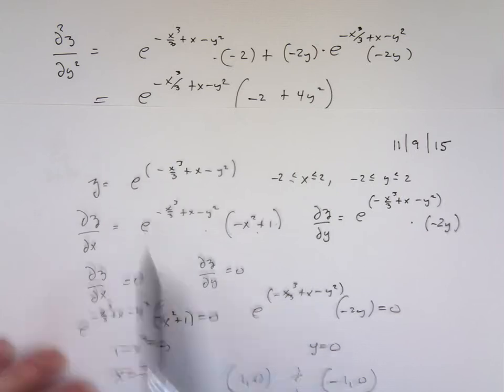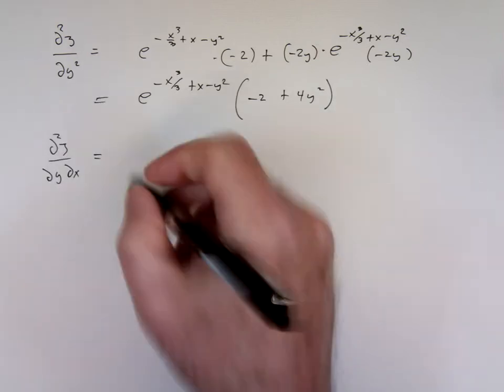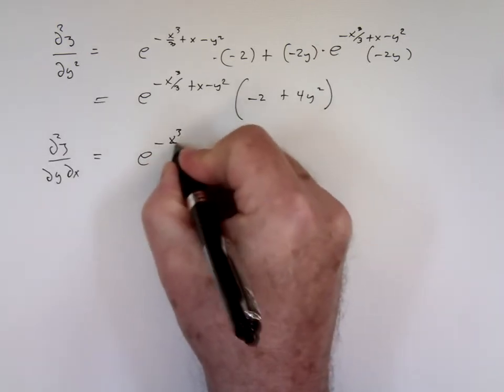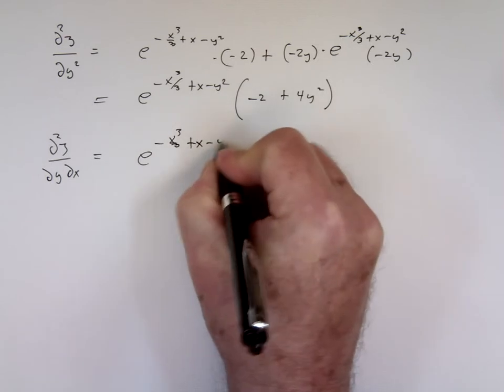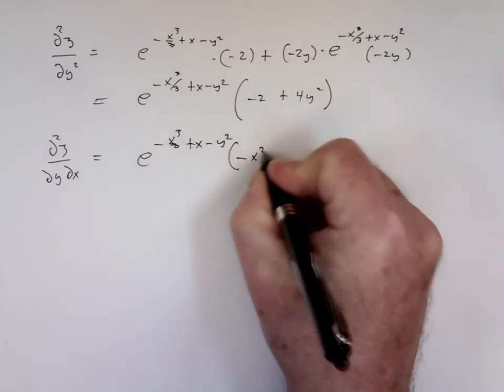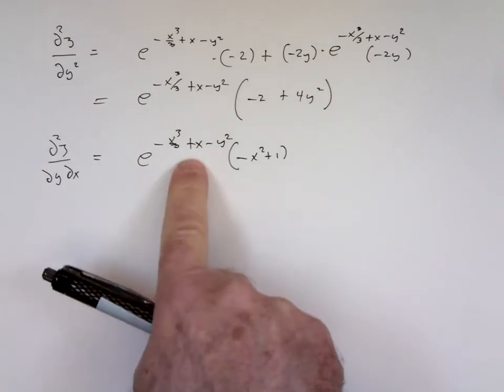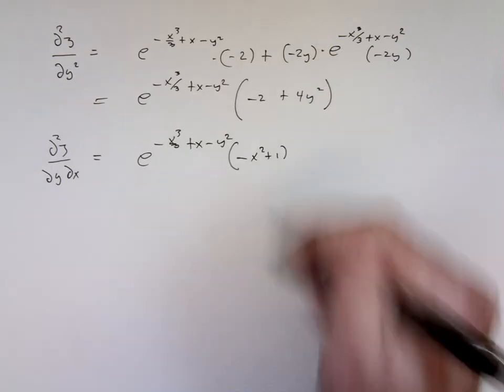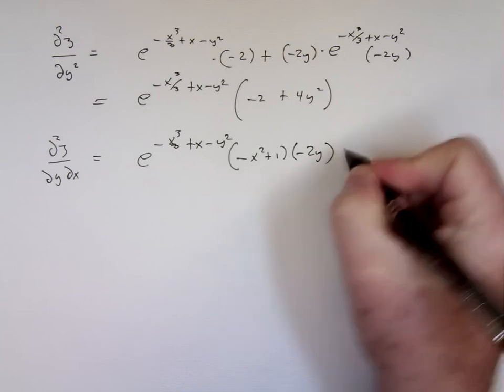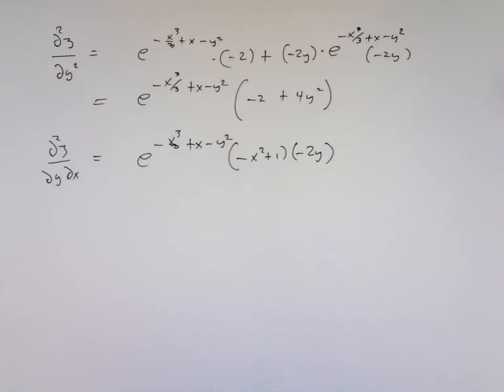So it's going to be e to the negative x cubed over 3 plus x minus y squared times the negative x squared plus 1 times the derivative of that exponent with respect to y, which is negative 2y. You see what I mean?